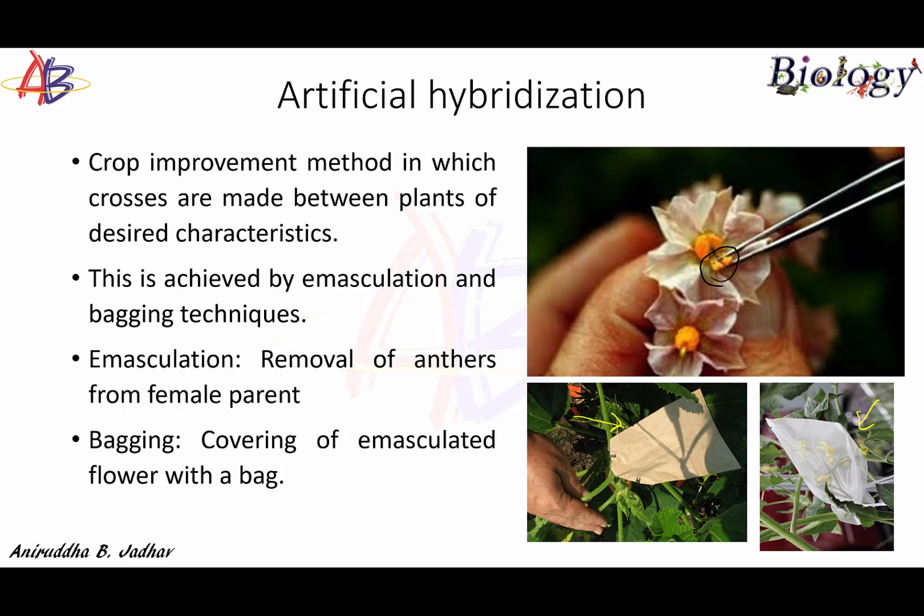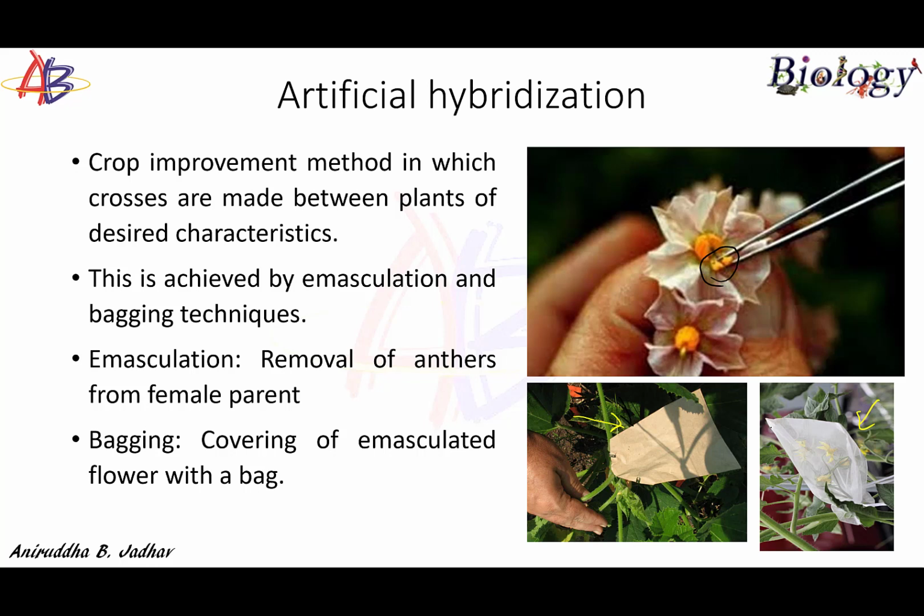Once the bagging is completed, the plant breeders wait for the maturation of the female plant flower, and after that, dusting of pollen grains is done from the anther of the desired variety plant onto the stigma of the bagged flower, and rebagging is done.